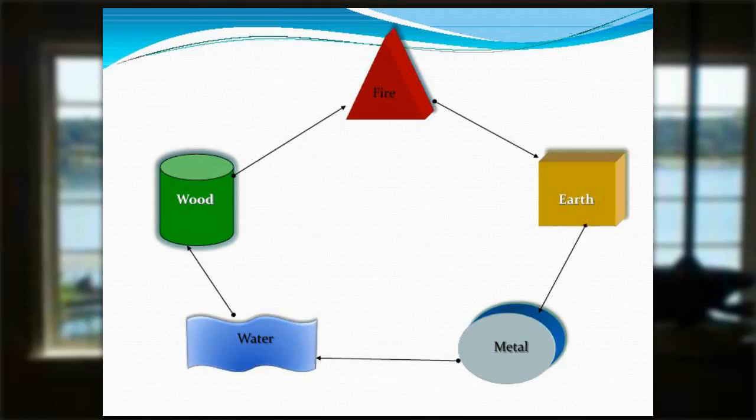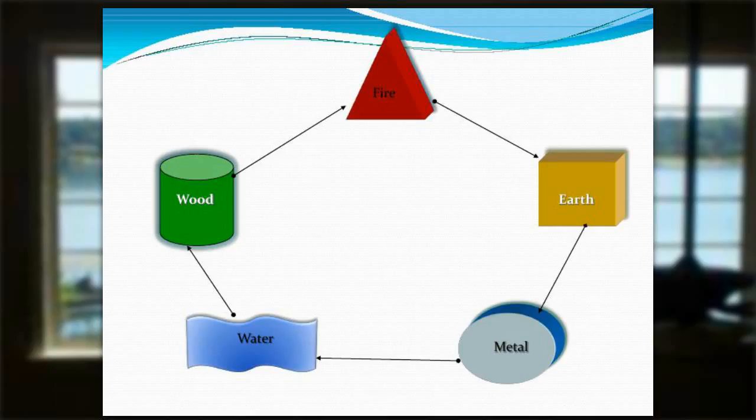So the constructive cycle, once more before I get to the destructive cycle, is this. Starting at water, water increases wood. Wood increases the fire. Fire increases earth. Earth increases metal, and metal increases the water.